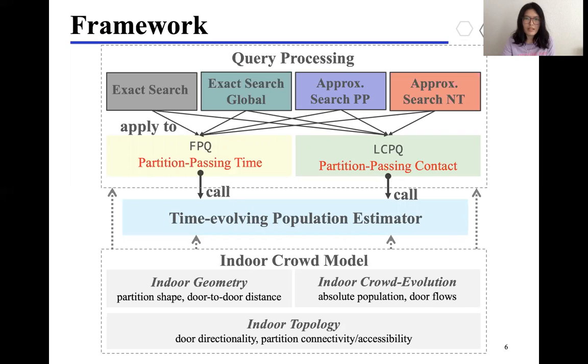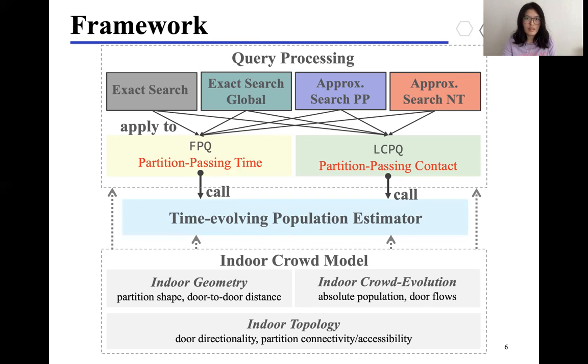In the bottom layer, it's an indoor crowd model, which is to organize indoor topology and capture indoor partitions, flows, and density. In the middle layer, it's a time-evolving population estimator, which is to derive future time-dependent partitions, flows, or population.